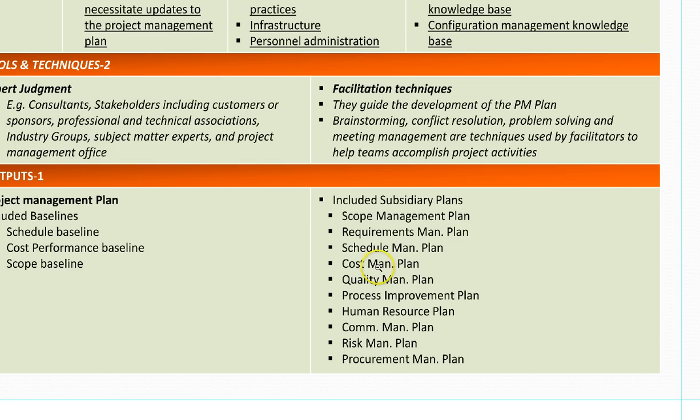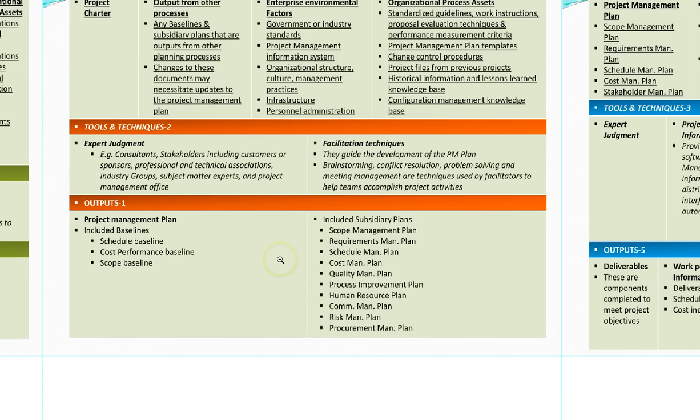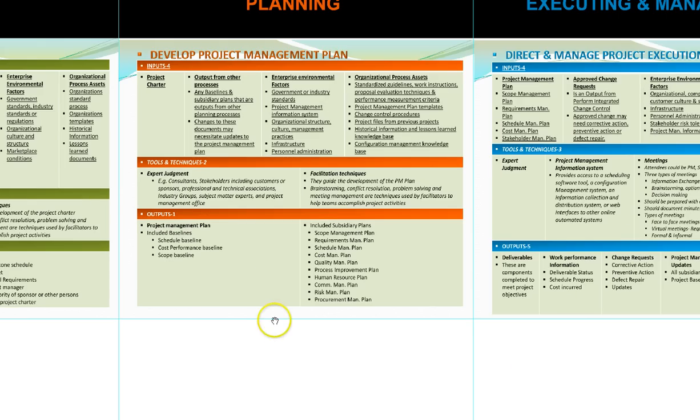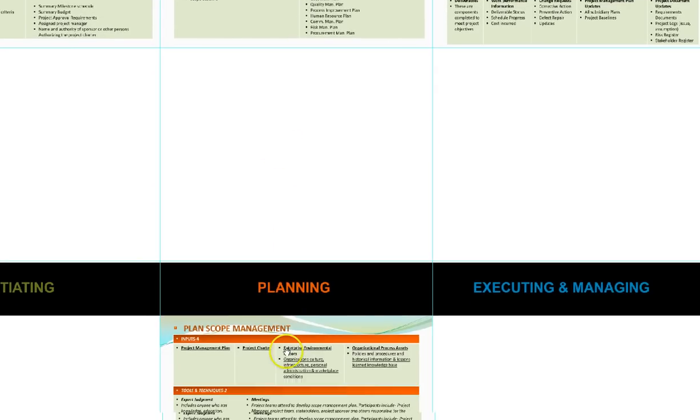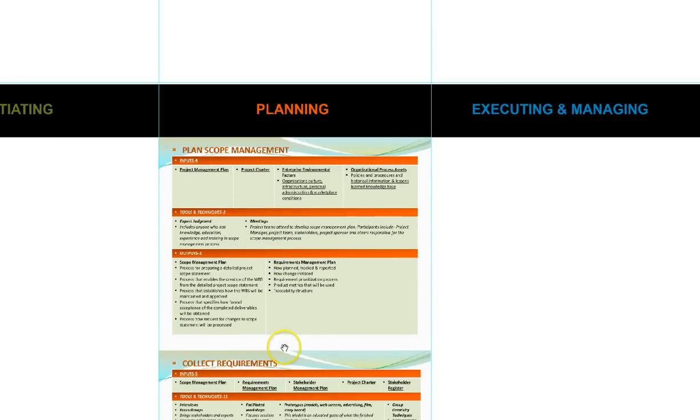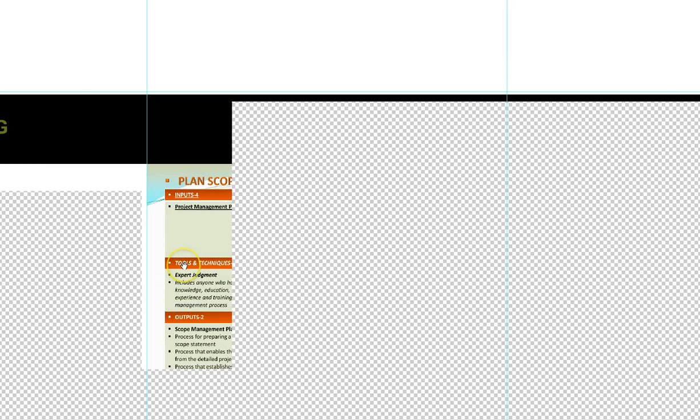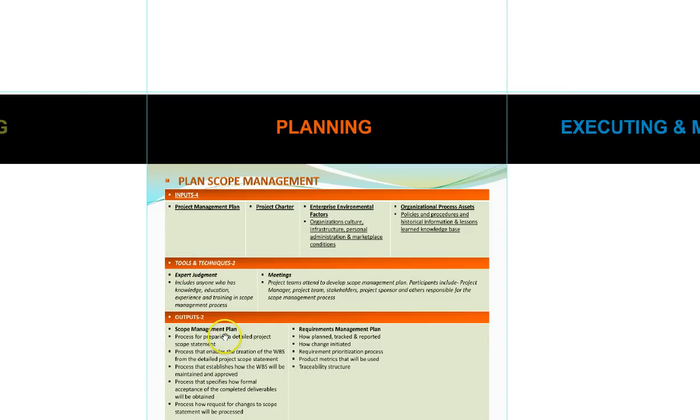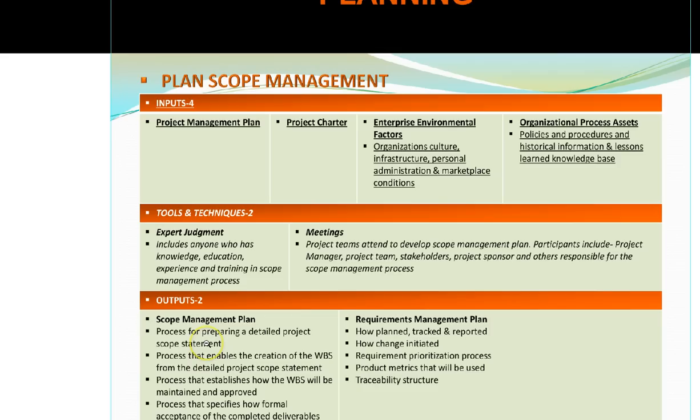Now, where are all these coming from? All these are coming from the outputs of all your planning processes. You see over here, a scope management plan. This is the output of plan scope management.